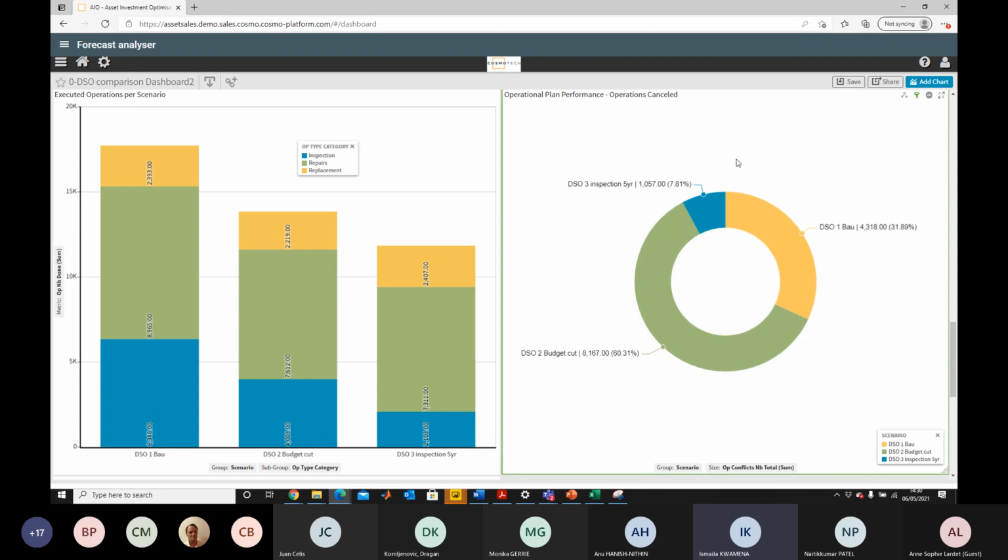So this graph gives us an idea that it is also possible that sometimes the business as usual scenario, the general strategy being implemented, could be carrying out more maintenance activities than required, as you can see here. More maintenance activities are being scheduled, and in the end, not all of them are able to be performed.